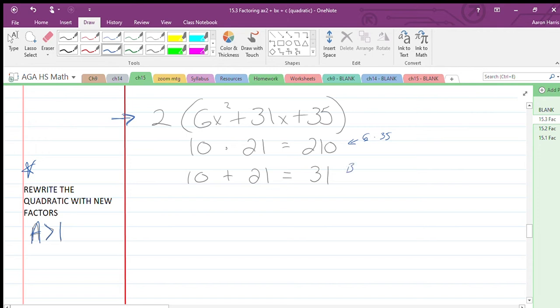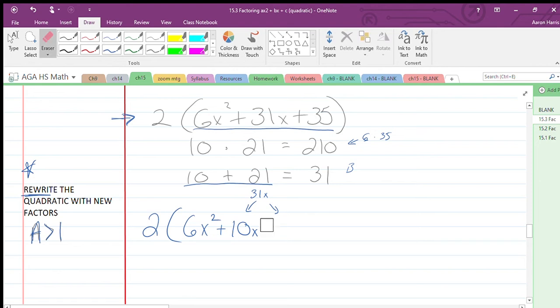Does that make sense? So now let's rewrite this quadratic that's in the parentheses. So I get 2, bring down the 6x squared. Now instead of writing 31, I am going to split this 31x into 2 different parts using the 2 factors that I found to equal 31. So I'm going to write 10x, not squared, 10x, okay?